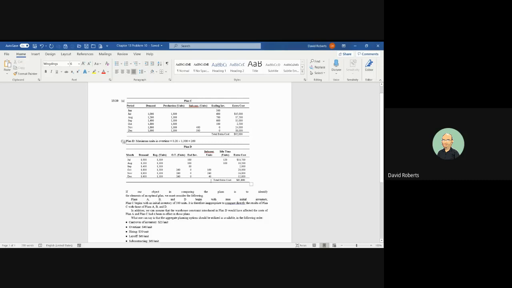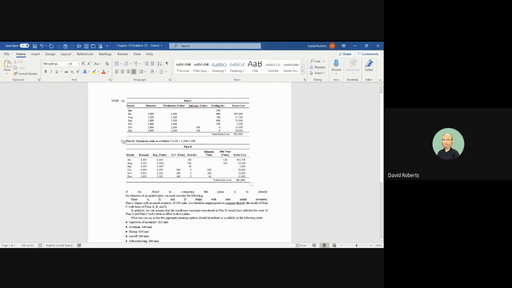And so that will reduce your subcontracting costs, but it'll increase your overtime costs. The regular units don't change, so there's actually no change in the number of units that your regular employees make, and it won't affect the costs. Although there is a cost for idle time in this particular case.